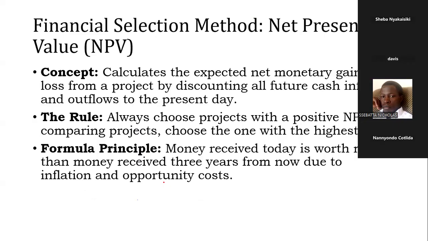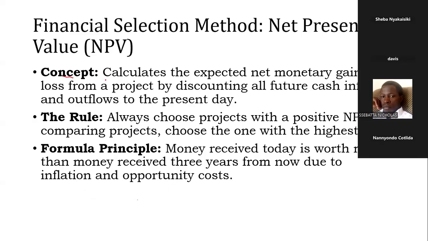Now, when these projects are being set before us, you'll have several proposals being set up for you by vendors. As they are being set up for you, there are certain financial selection methods. So you look at net present value.